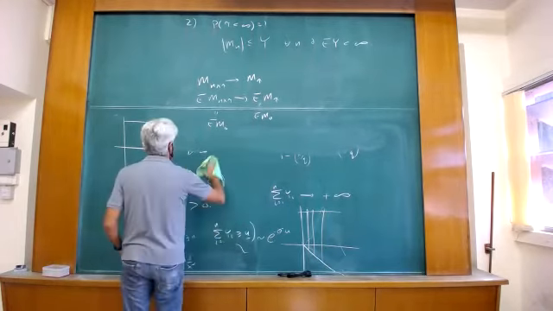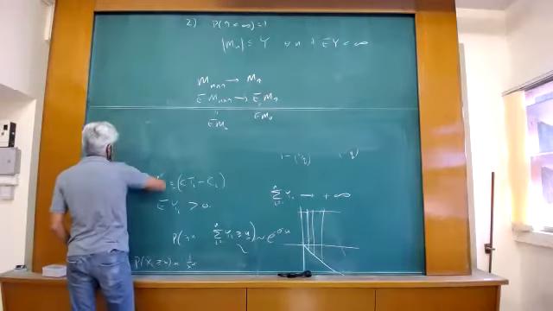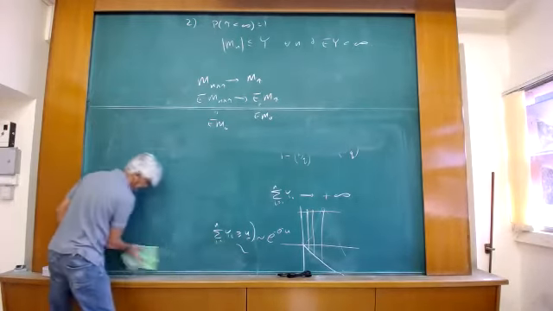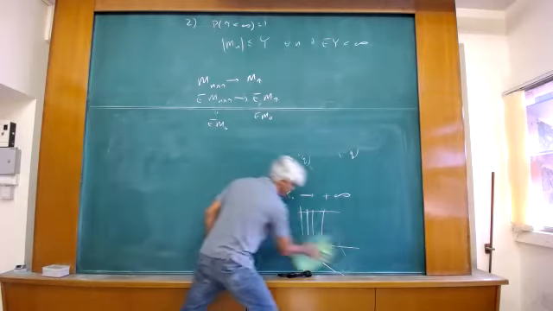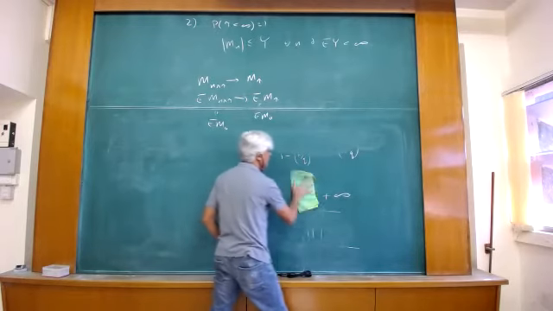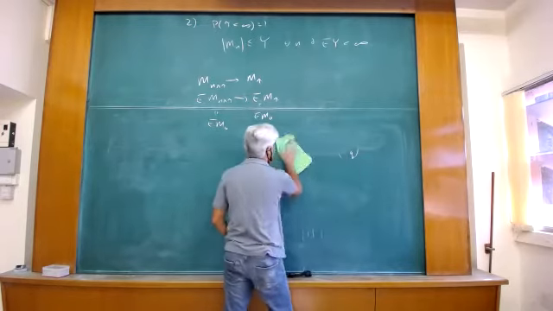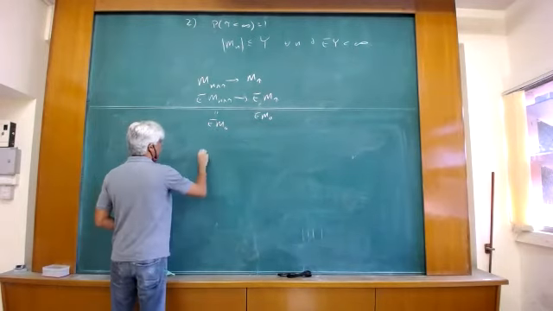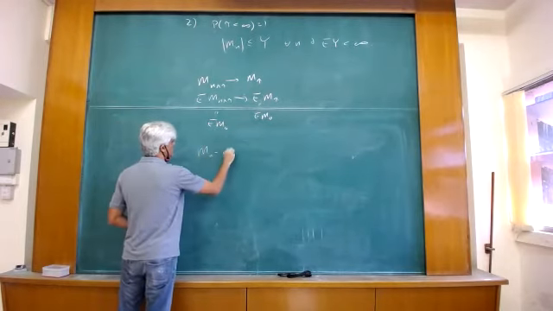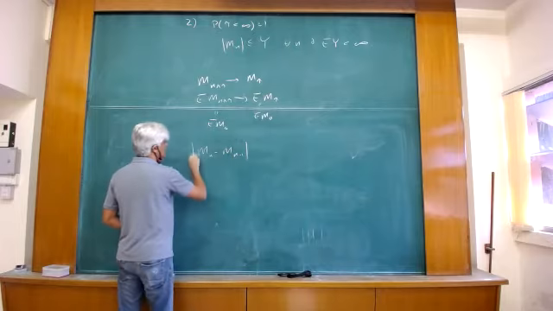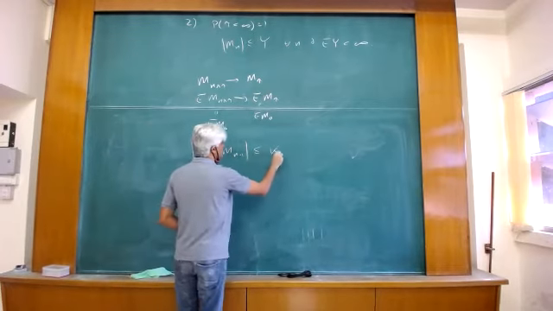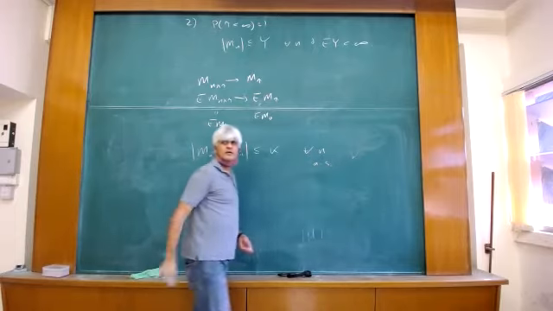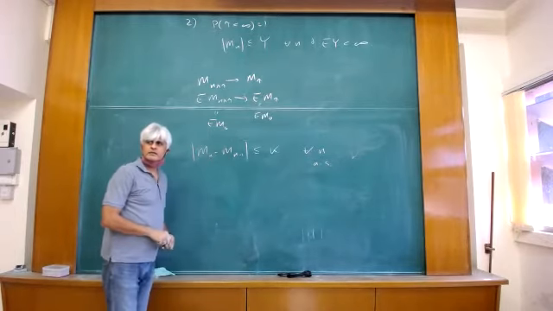Now we do one more condition, and that is the increments are less than or equal to k. So the increments are bounded.